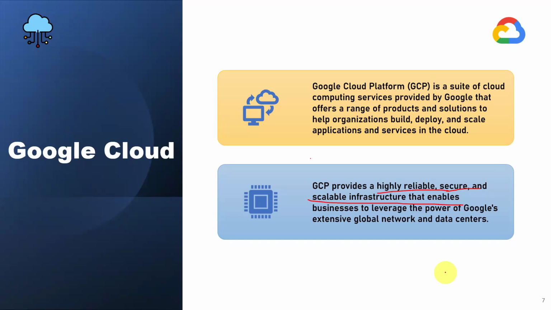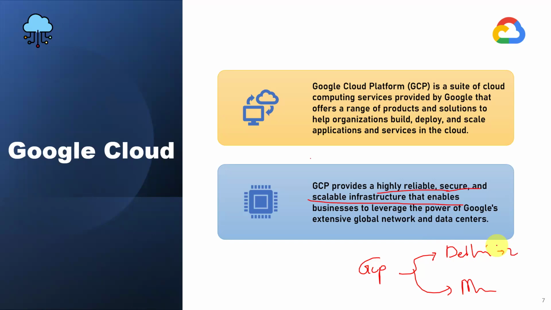Even in India we have data centers for GCP: multiple data centers in Delhi, which has three zones and is one of the regions, and also data centers in Mumbai.